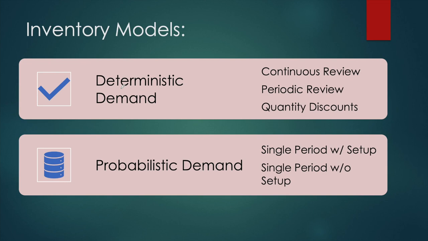Now, if demand follows a normal distribution, then it becomes a probabilistic inventory model. For most of our models, we will be dealing with deterministic demand.